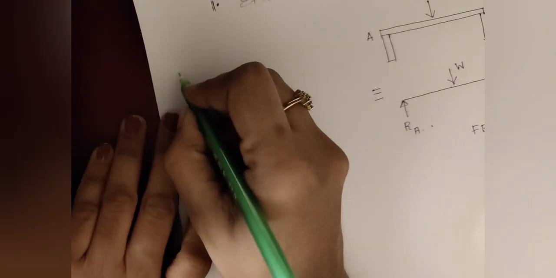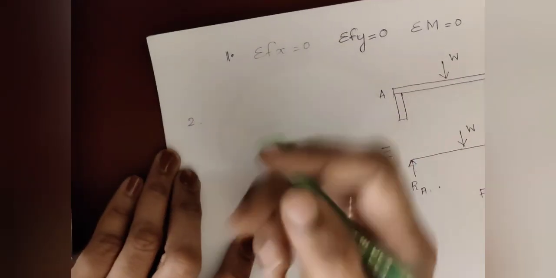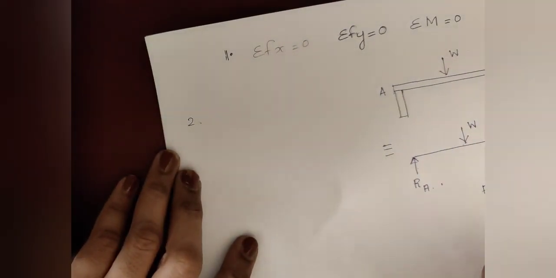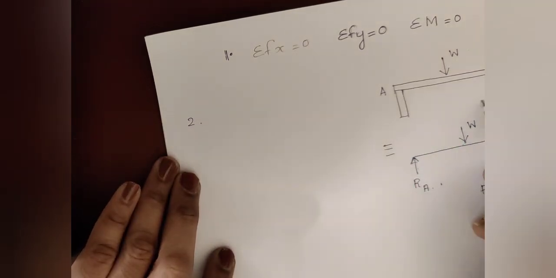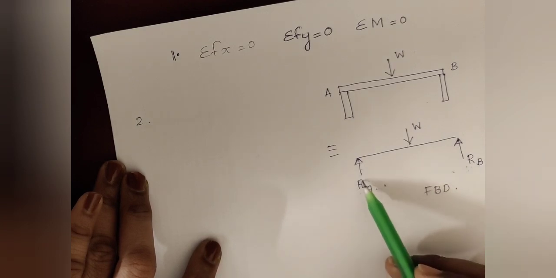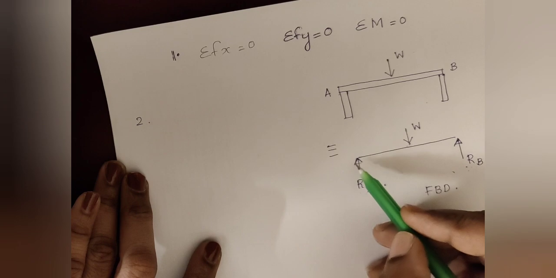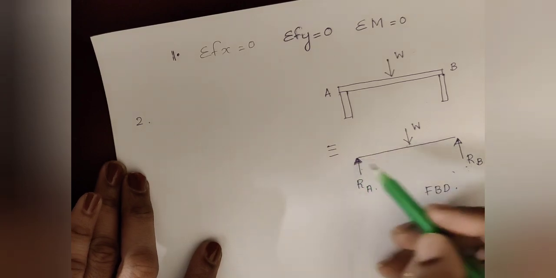Now the second point you have to remember is the reactions developed at various supports. That is very important. For a simple support, there is only one reaction, that is the vertical reaction, and this is the notation for the reaction.